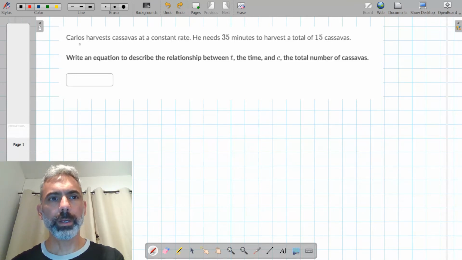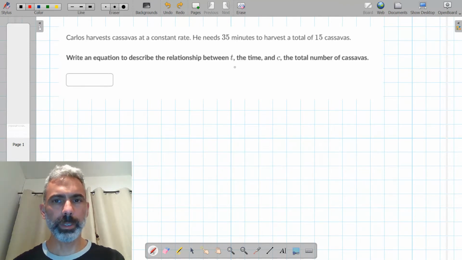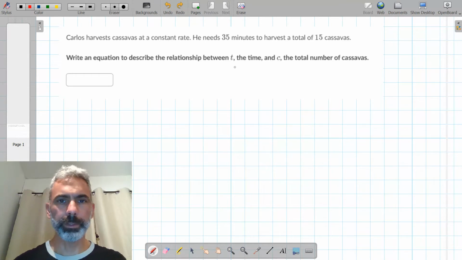First one is, Carlos harvests cassavas at a constant rate. He needs 35 minutes to harvest a total of 15 cassavas. Write an equation to describe the relationship between T, the time, and C, the total number of cassavas.